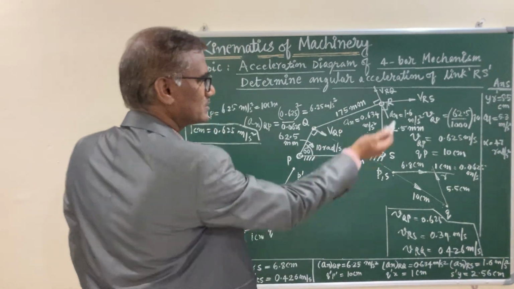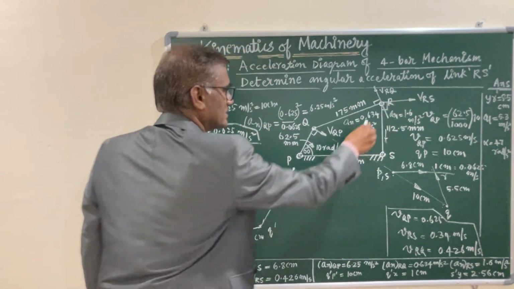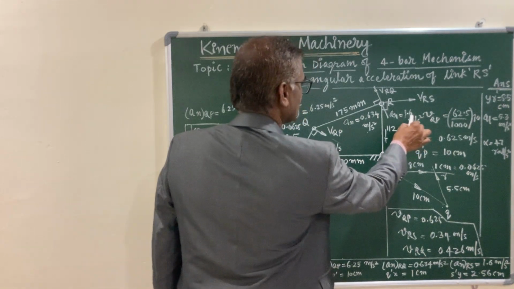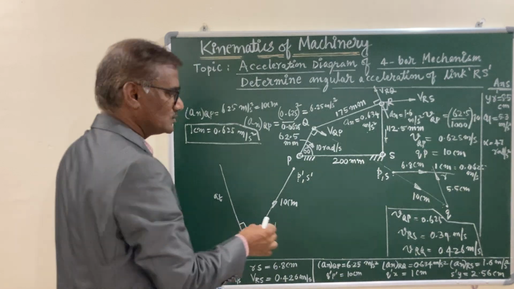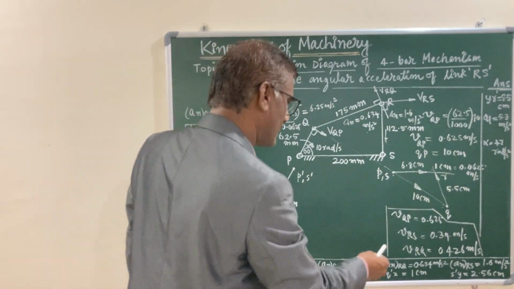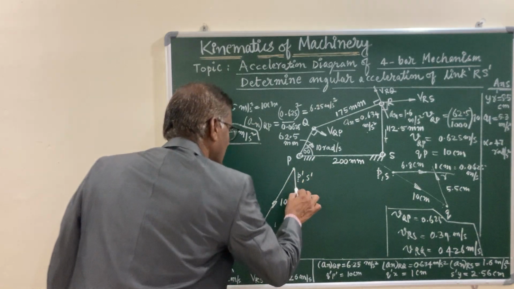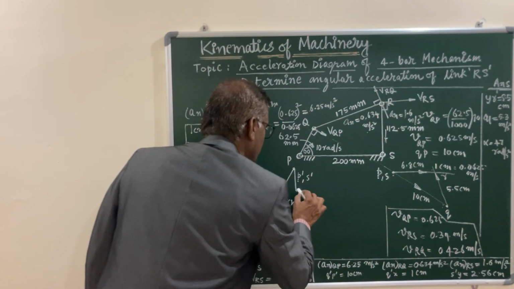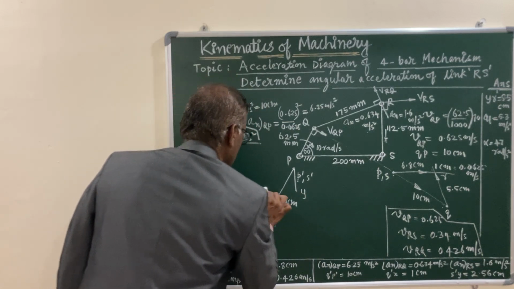Now let us proceed to the output link rs. The normal component is toward the center, and the acceleration is 1.6 divided by the scale factor 0.625. You are going to get this particular length as 2.56. Let us erect a line along this line, and at a distance of 2.56 you have point y, and erect a perpendicular to it.